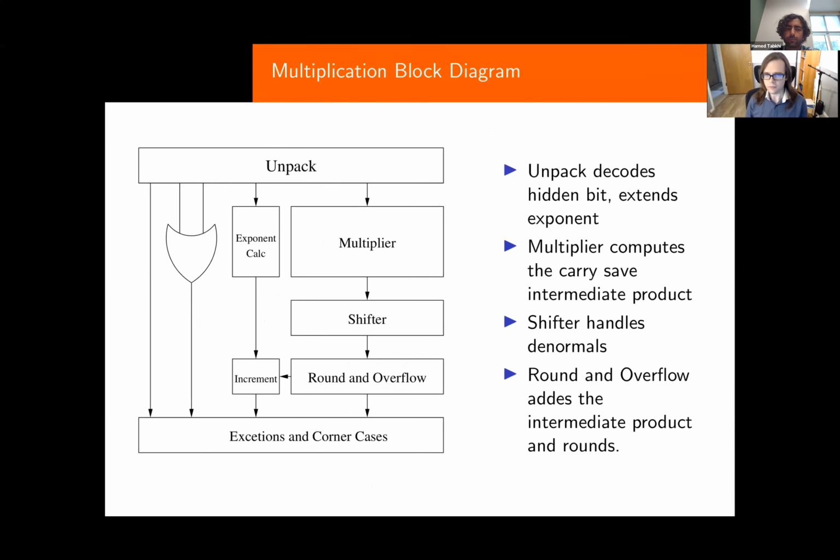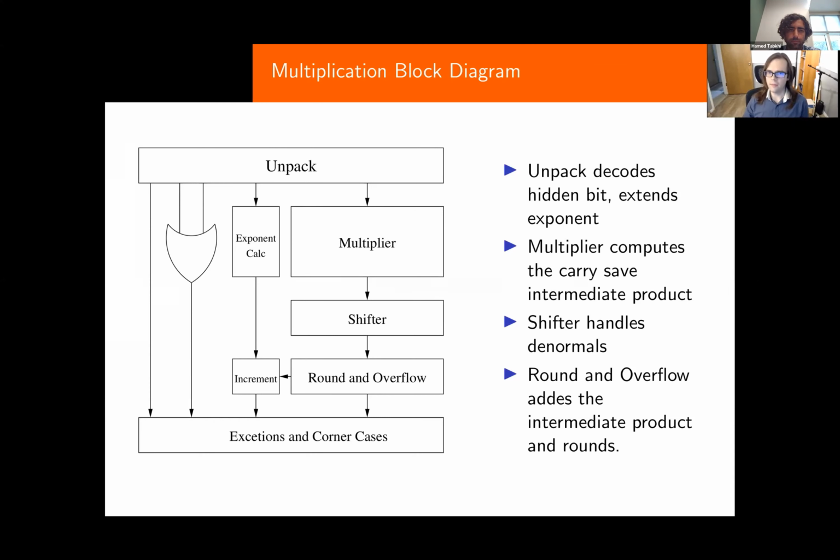If we look at the basic block diagram of what a multiplier looks like, it starts with a circuit to unpack the mantissa, which is just discovering what the value of the hidden bit is. Then we multiply the mantissas together using a partial product reduction tree. In parallel, the exponents get computed.